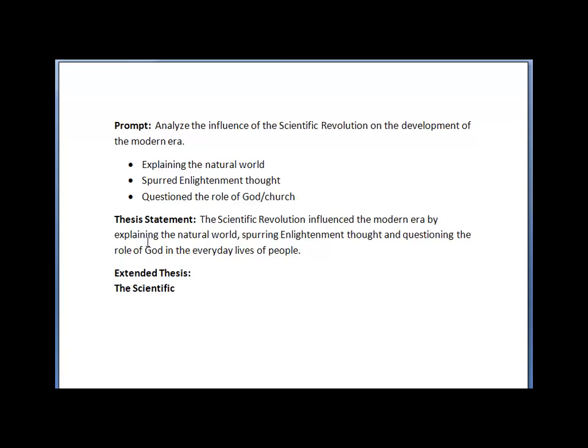The scientific revolution had a great impact on the modern era. Okay, I haven't really said a whole lot here, right? But it ties back to the scientific revolution, the development of the modern era, and the influence or impact that it had on that.